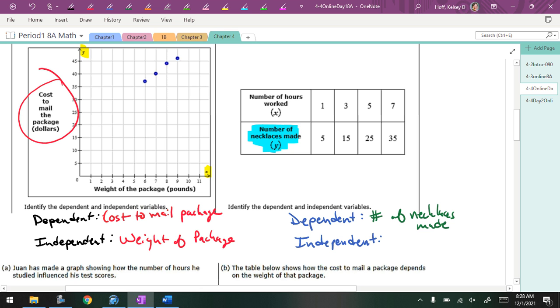Independent is our input, our x values. Number of hours worked. Biggest thing with this, you have to read. You have to read, okay? So right now, you're going to do the bottom one all on your own.